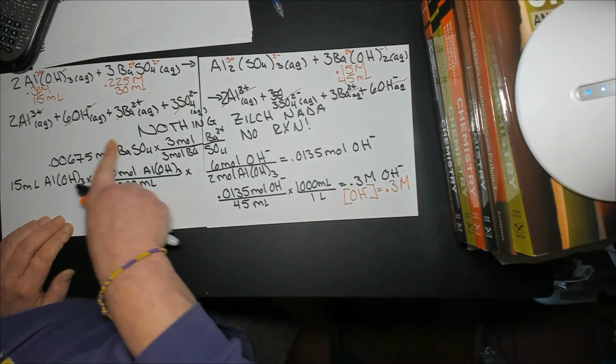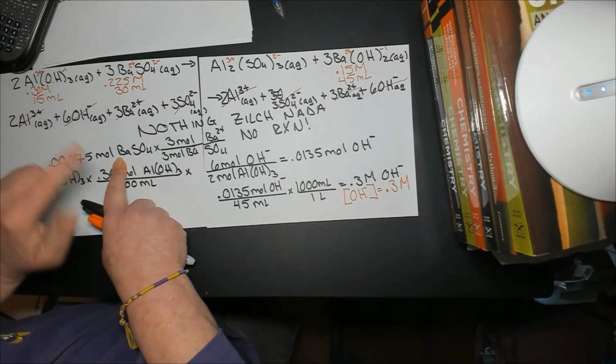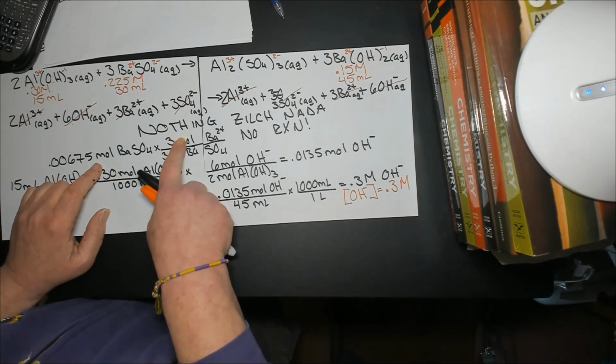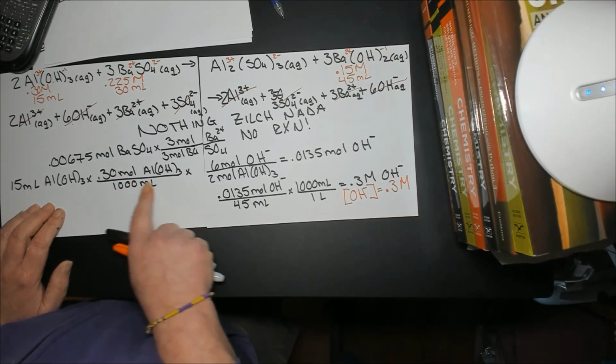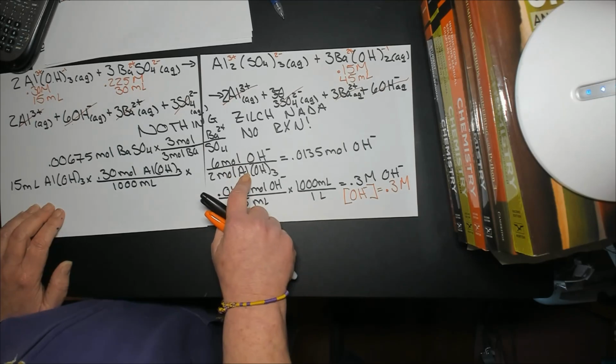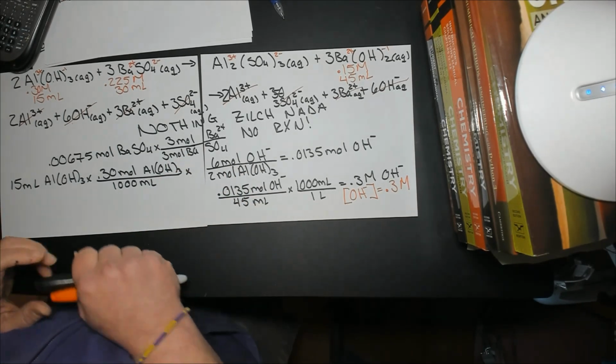So here's the physical quantity I came up with in the last video, given all of the volumes mixed together. Here's my mole to mole ratio. And then here's doing the same thing again, from the stoichiometry, from what I actually used in the lab. And there you have it.